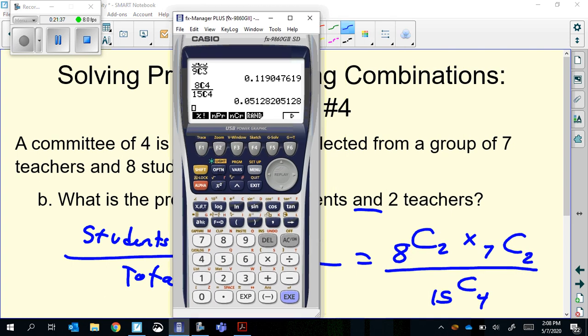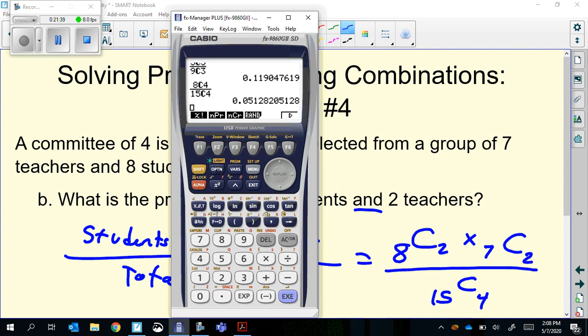And we can do that all on our calculator again. Let's get our fraction set up. Our numerator is going to be 8C2 times 7C2 over 15C4, because we're choosing 4 people total.